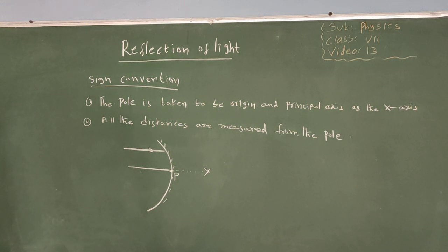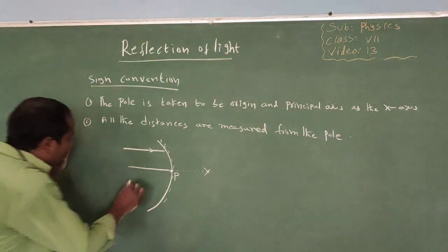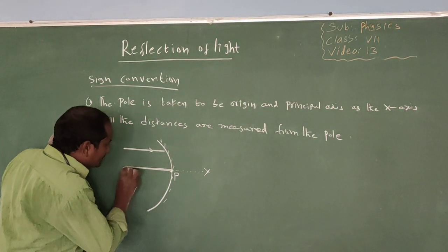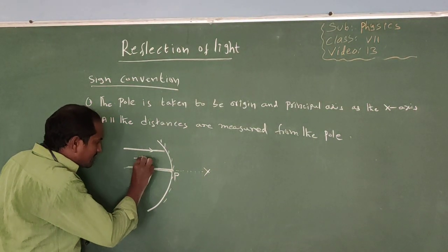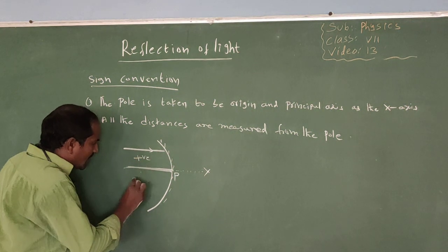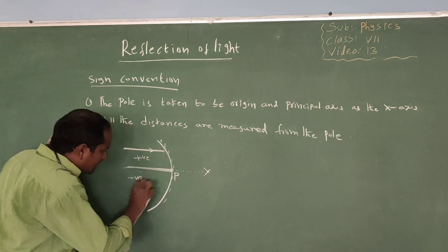The distance measured opposite to that of the incident ray is taken as negative. The distance above the principal axis is positive and below the principal axis is negative.